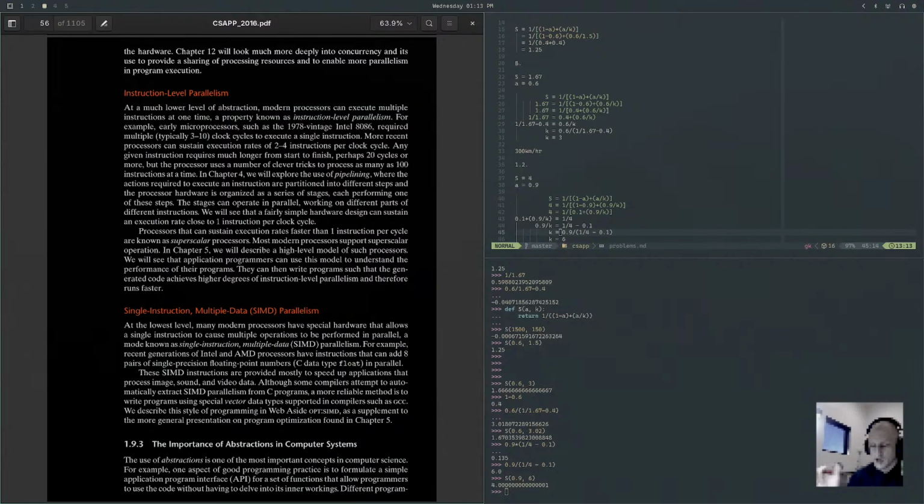In Chapter 5, we will describe a high-level model of such processors. We will see that application programmers can use this model to understand the performance of their programs. They can then write programs such that the generated code achieves a higher degree of instruction level parallelism and therefore runs faster.